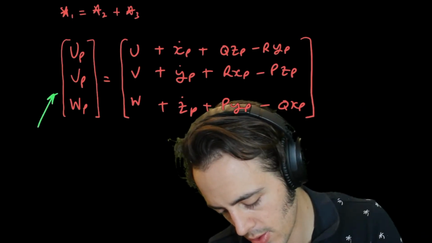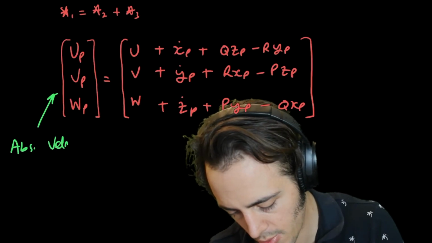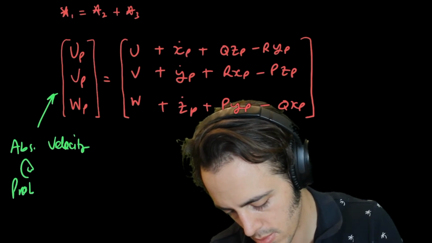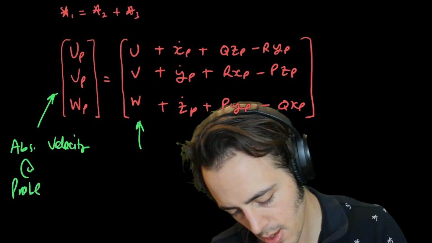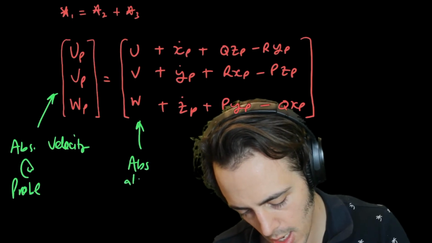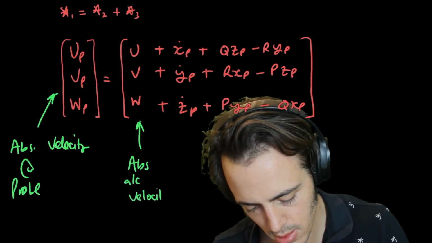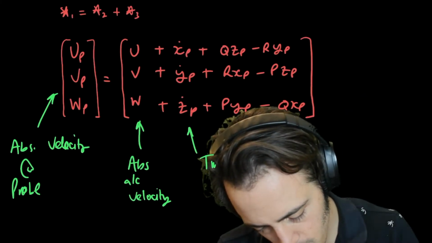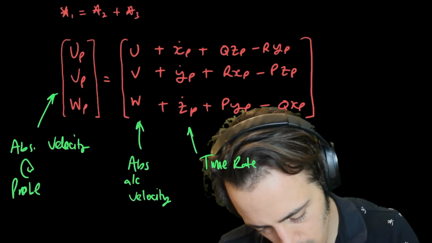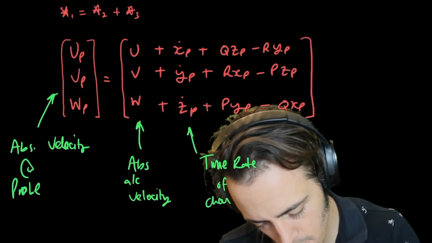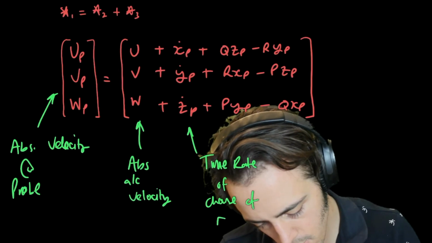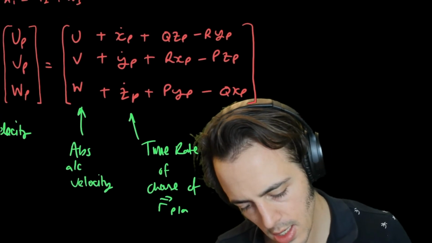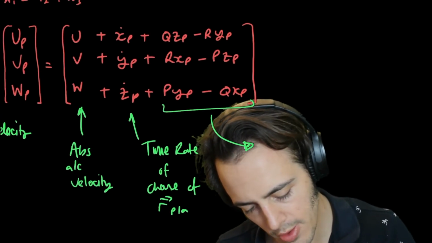So this is the absolute velocity at the probe is equal to the absolute aircraft velocity plus any time rate of change of the probe position, and then here we've got Coriolis terms.